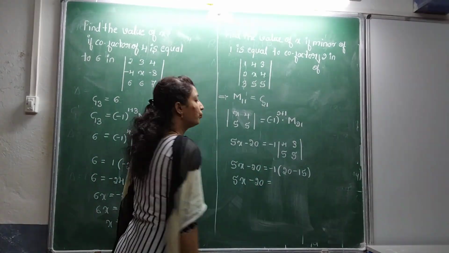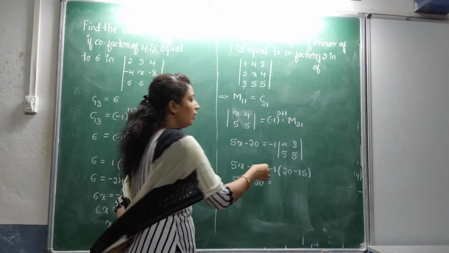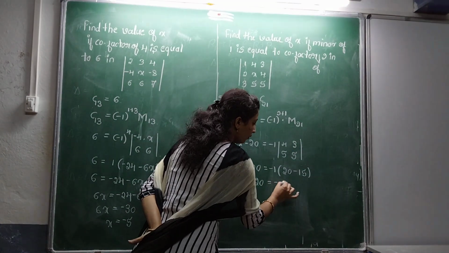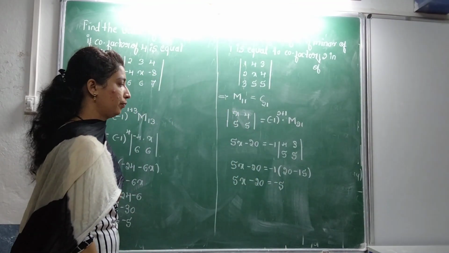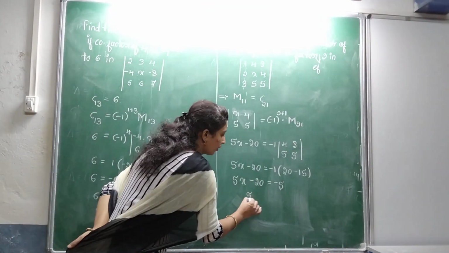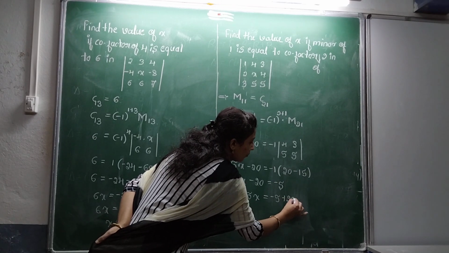And this is equal to 20 minus 15, it is 5, 5 minus 1, minus 5. So 5x is equal to minus 5 plus 20. Okay.